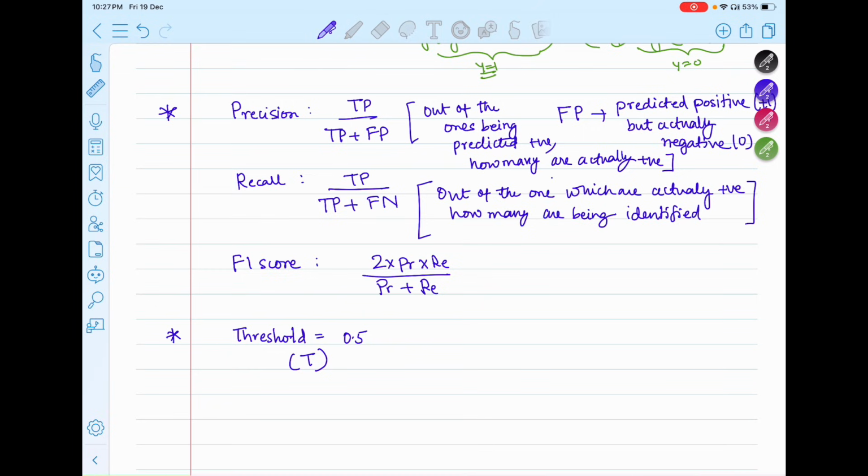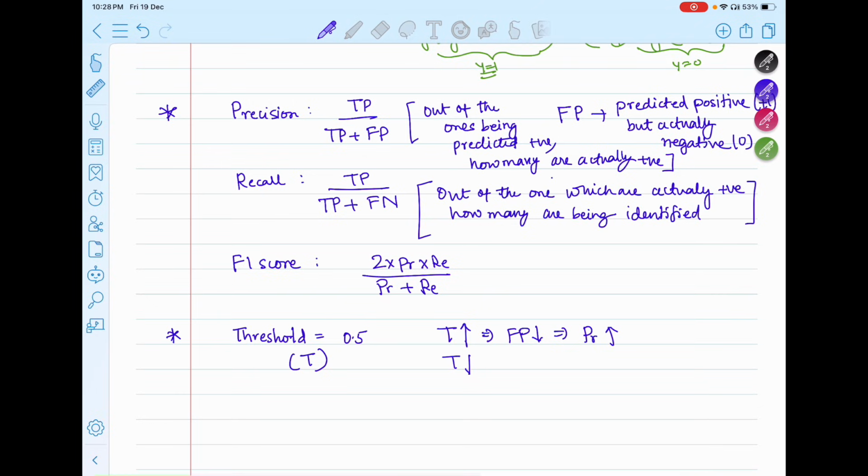So what happens when threshold increases? When threshold increases, false positives will reduce, and therefore the precision will increase.